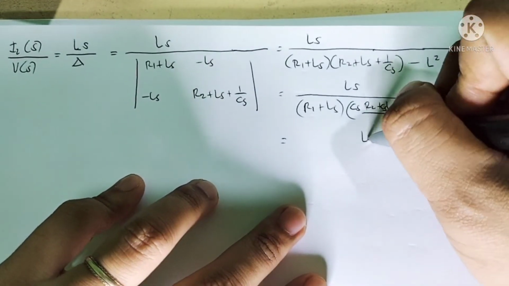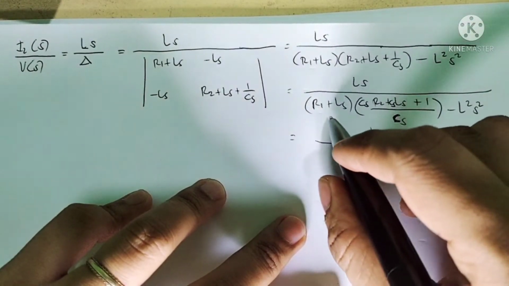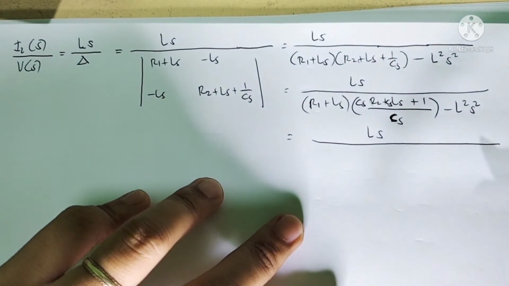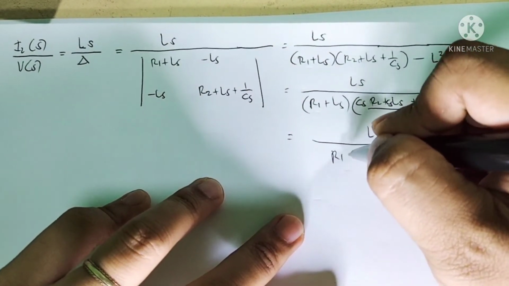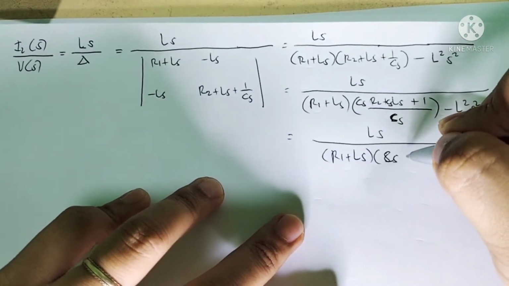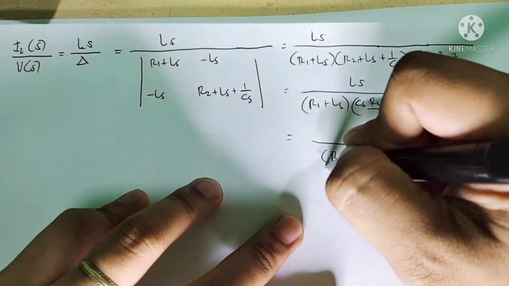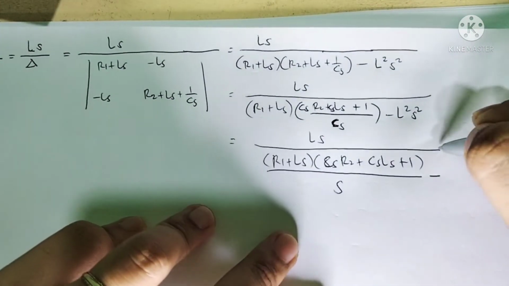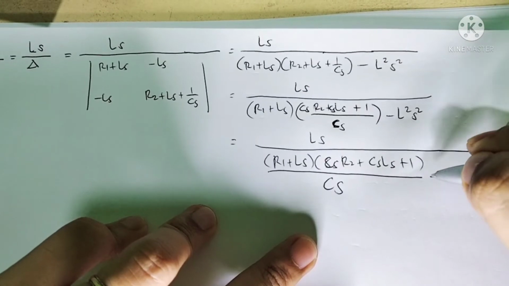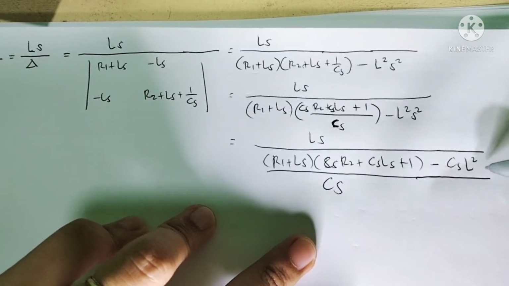So this is equal to Ls. We take the common denominator of these terms. Therefore this will be R1 plus Ls times Cs R2 plus Cs Ls plus 1 divided by Cs, minus Cs L squared s squared.